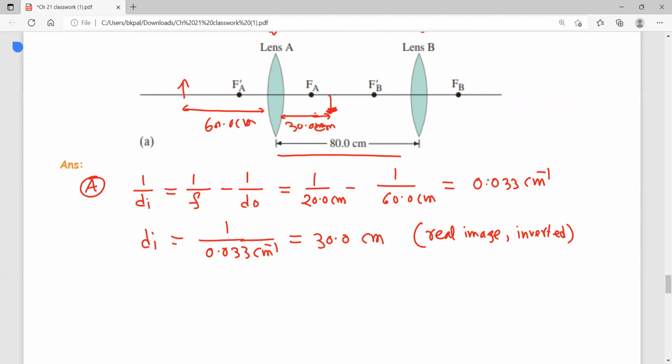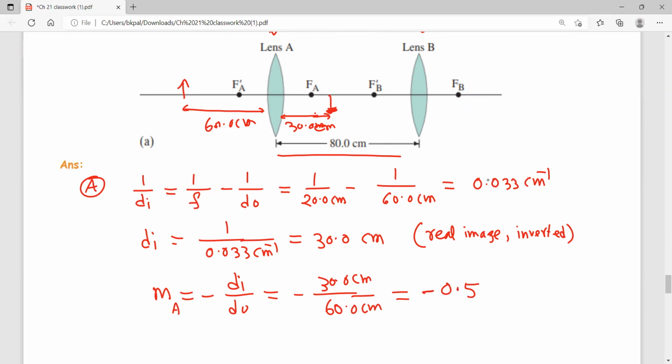Also, you can calculate M. So M1, or MA, will be negative di over do. So it is 30 centimeter divided by 60 centimeter, and you see that it is negative 0.5. Negative means it is inverted, so for the first lens, the image is inverted.